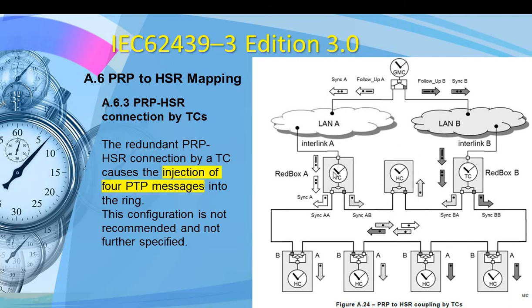Because both RedBoxes are running in transparent clock mode, both RedBoxes forward both copies to the HSR ring. So the HSR ring has a total of 4 copies of each message, including the sync message, follow-up message, and announce message.